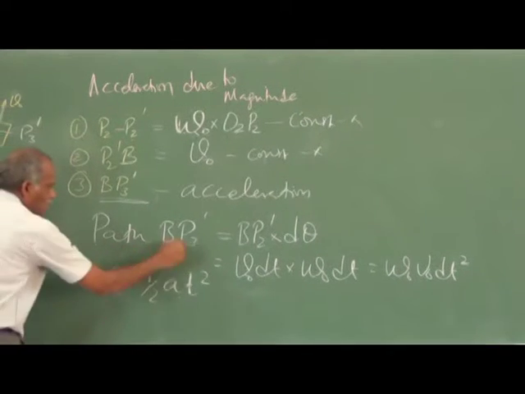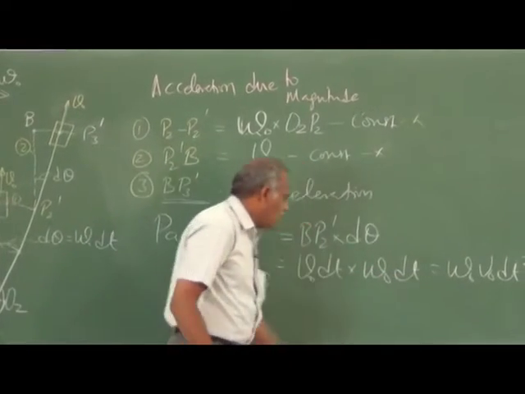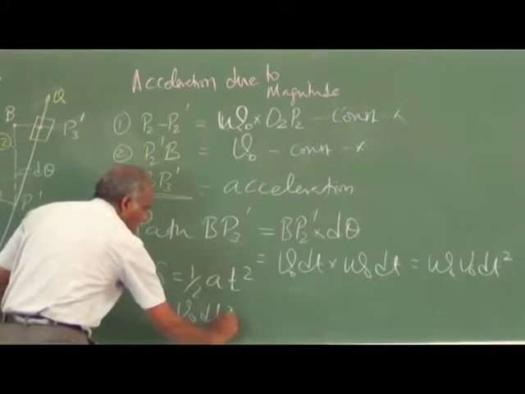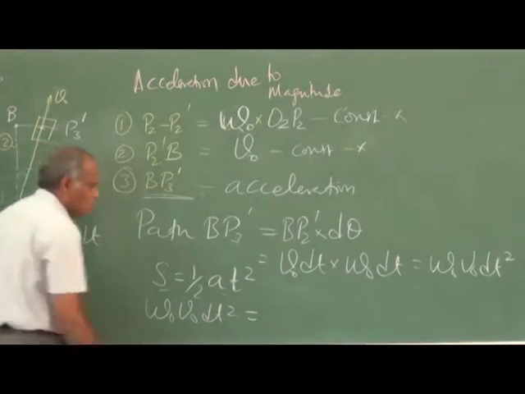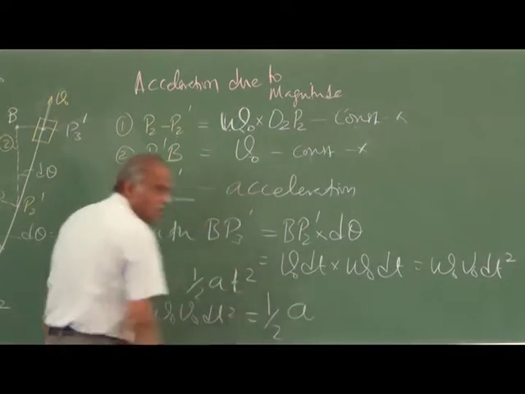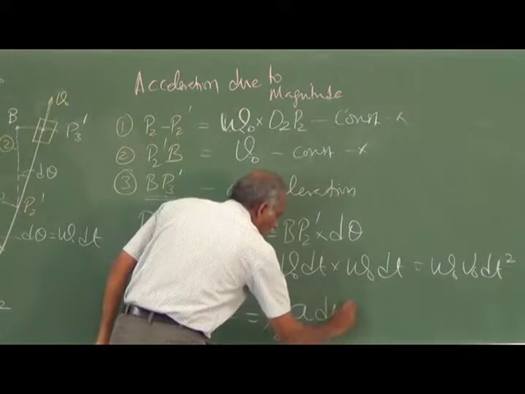So S is nothing but the path length, that is PP3 dash, which is given by omega 0 V0 dt square, that is equal to half of the acceleration that it is going to experience, A into dt square.